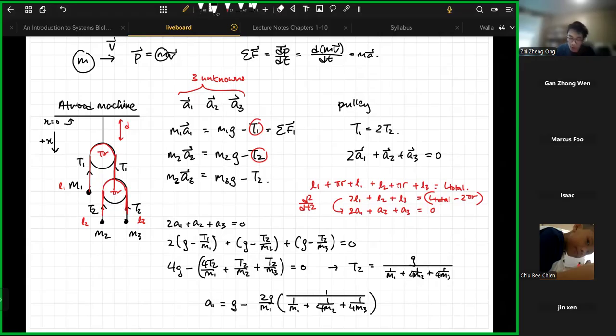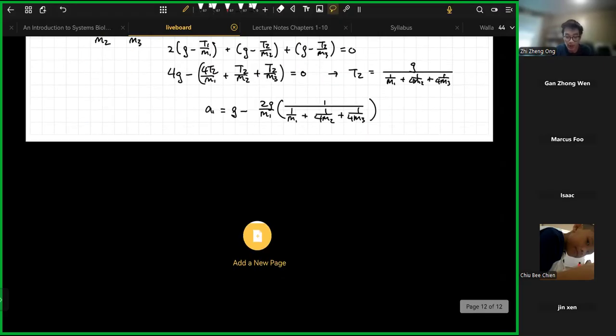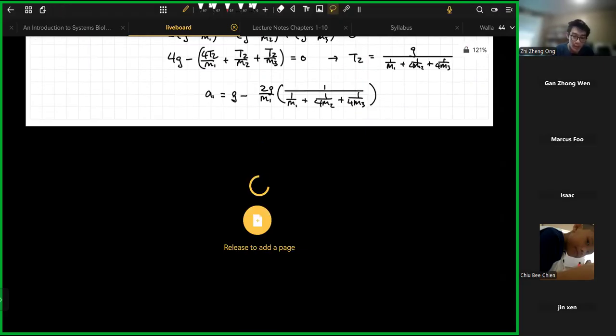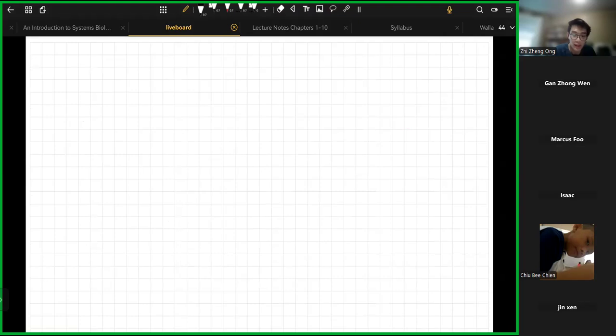Cool, yeah. So that's how you can do these types of problems. Essentially, you write down F equals MA, and then the constraint equations, and then you should find the answer.